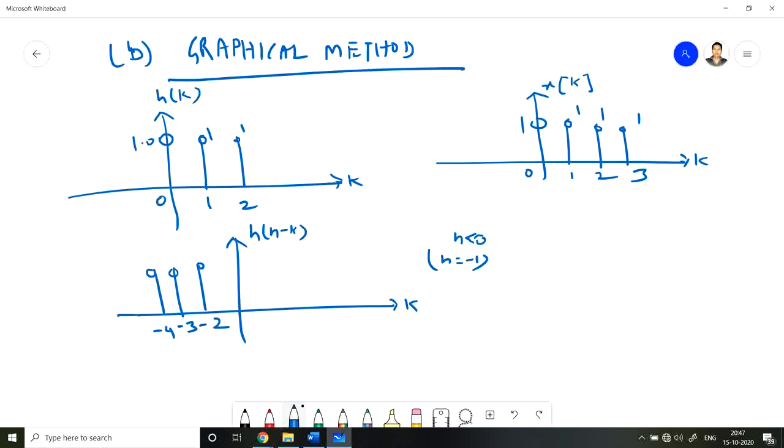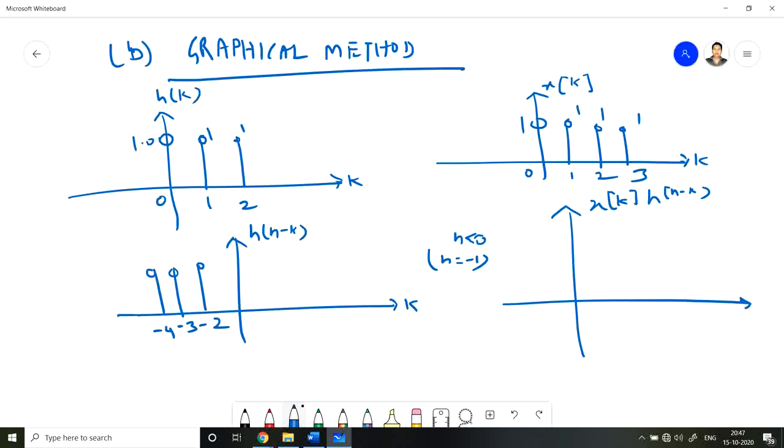This is h[n minus k] when n is less than 0, and for simplicity I have taken n equals minus 1, and here we have the product of x[k] with h[n minus k].